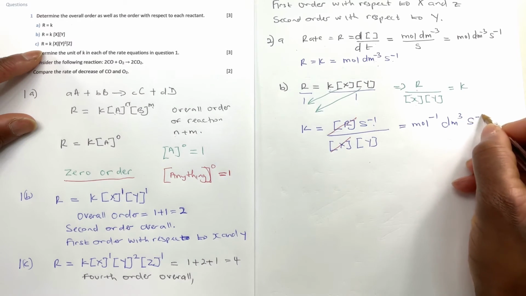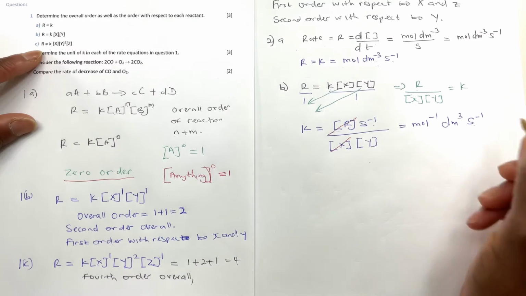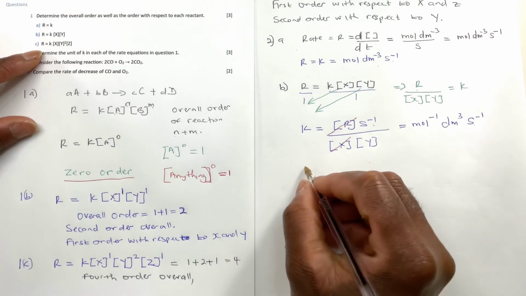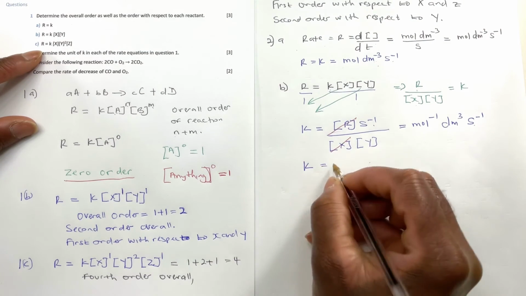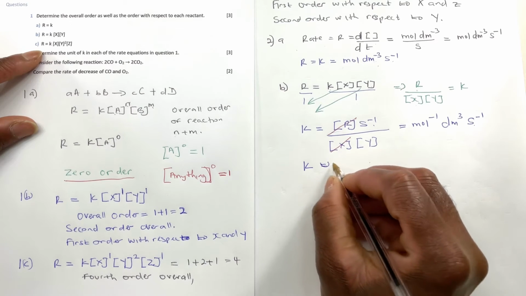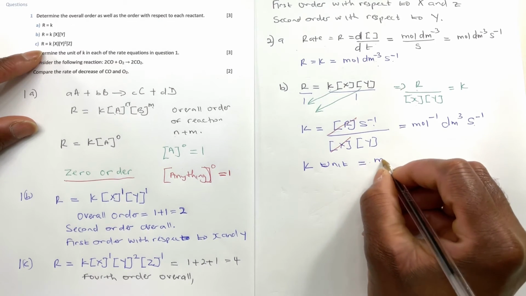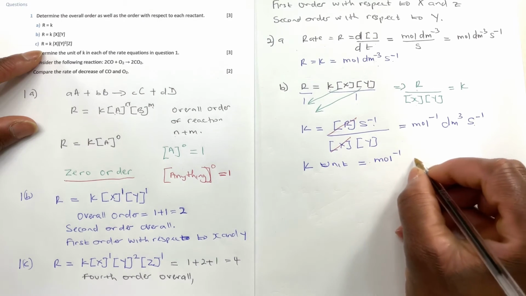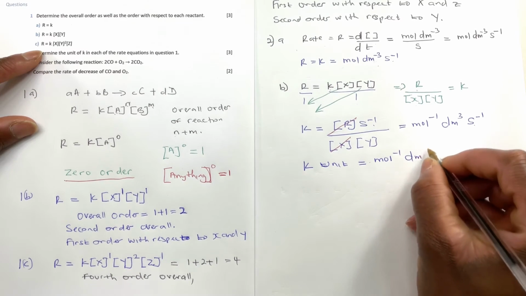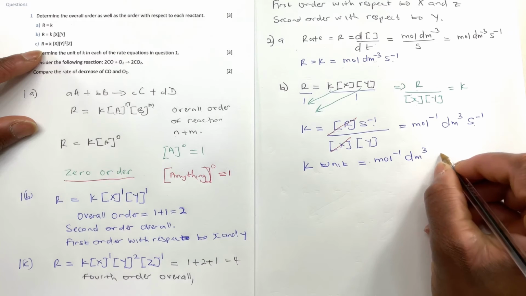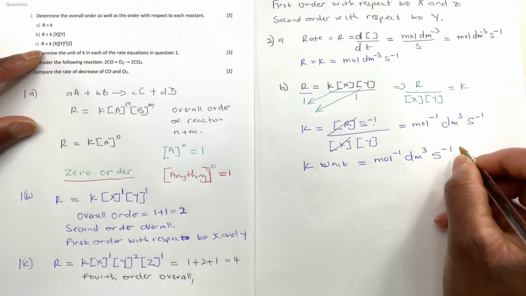And per seconds, because it's already there. So the unit for k in this situation will be equal to mole to the power minus 1 decimeter cube seconds to the power minus 1.